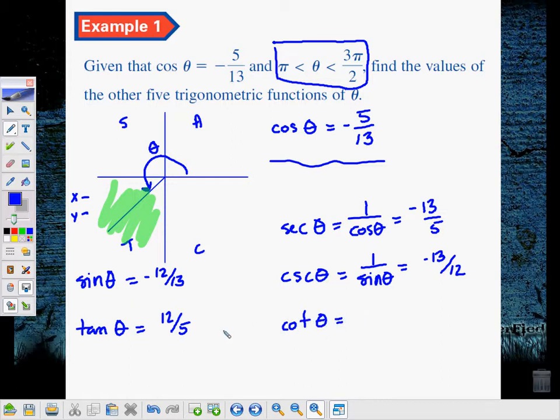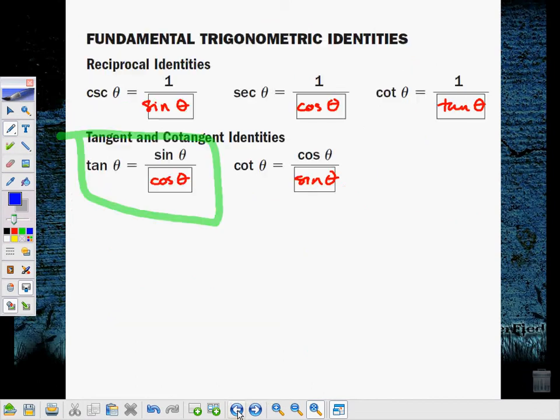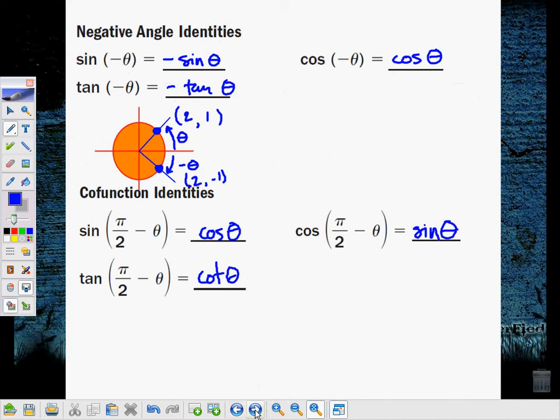That gives me 5/12 because it's the reciprocal of the tangent. 1 over the tangent of theta. So 5/12. I think I mistakenly called those the cofunction identities when they are actually the reciprocal identities. And we have that listed back here with the reciprocal identities, so I apologize for that.